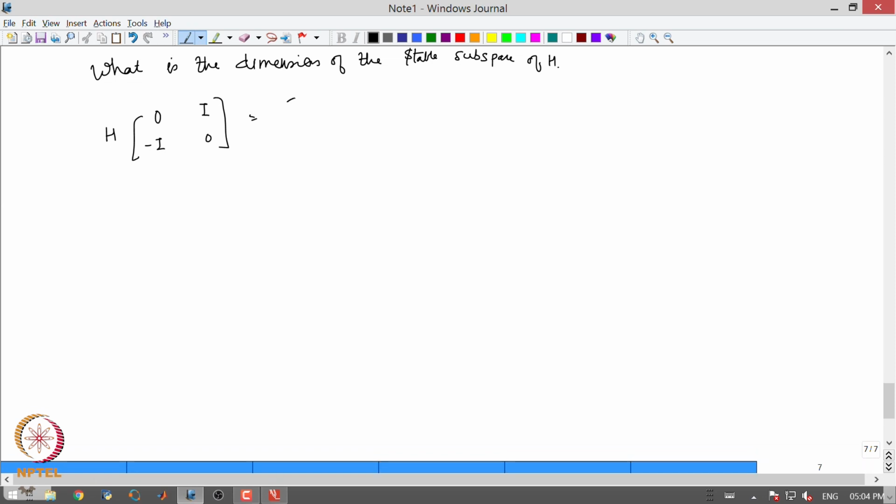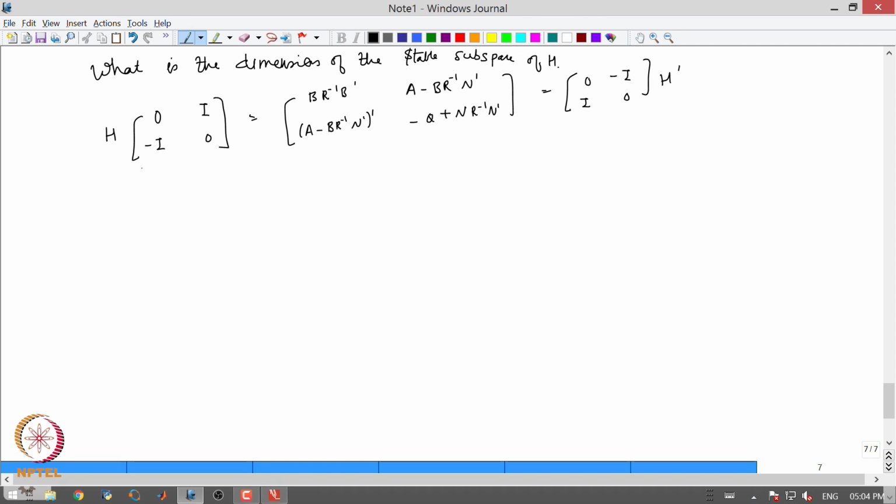So, this will give me B R inverse B transpose, A minus B R inverse N transpose, the whole transpose, minus Q plus N R inverse N transpose. This is also equal to 0 minus I, 0 with H transpose.